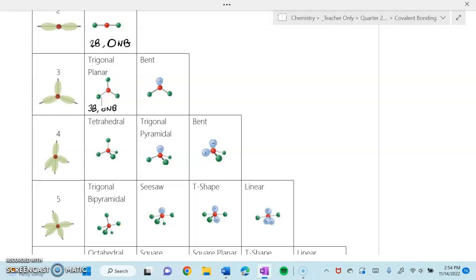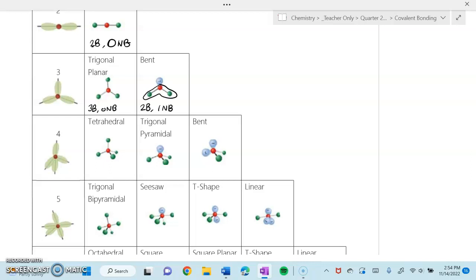Trigonal planar is the way that the electrons can most efficiently repel one another within the shape of the molecule. If I have one of those electron regions as a lone pair or non-bonding region, the overall shape holds, but I only see the parts that are connected with atoms. So instead of it being trigonal planar, this one would be considered bent, with 2 bonding regions and 1 non-bonding region.